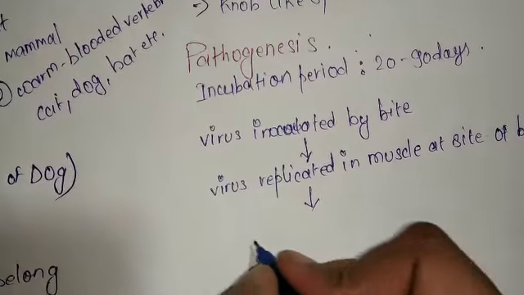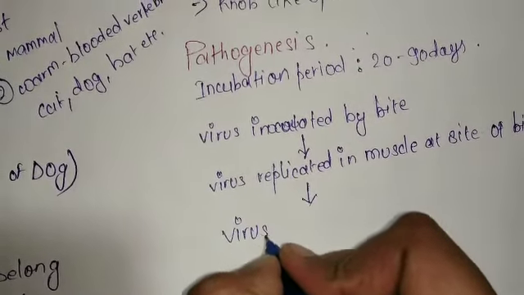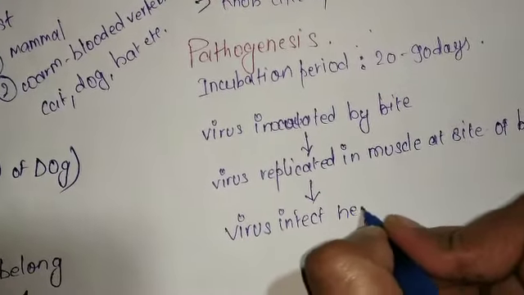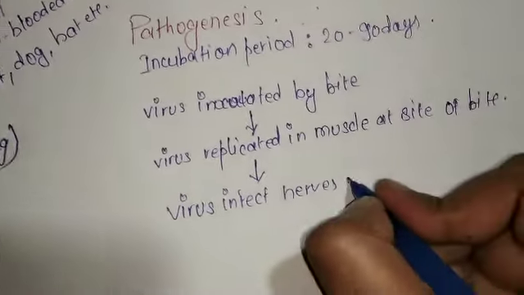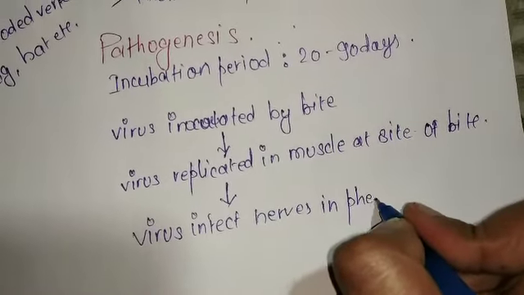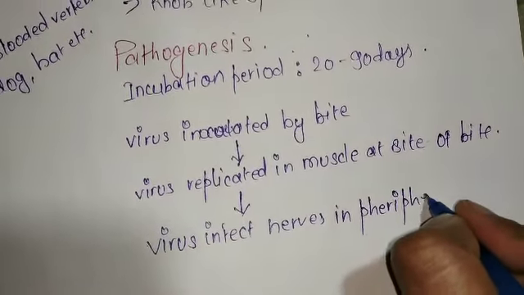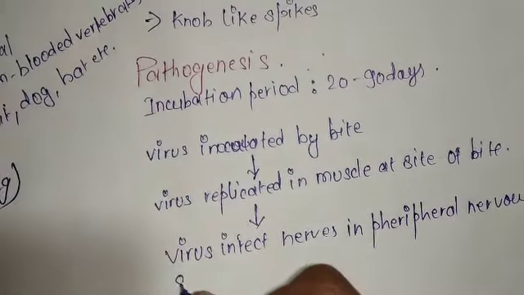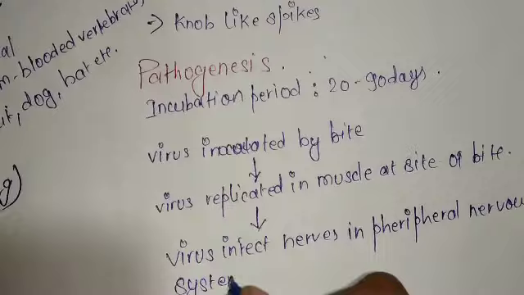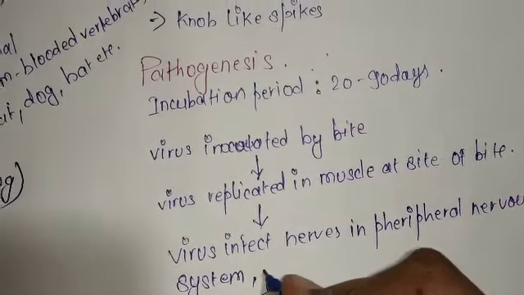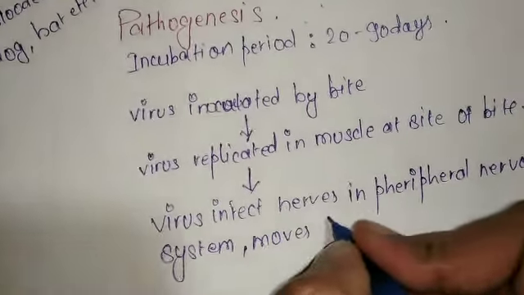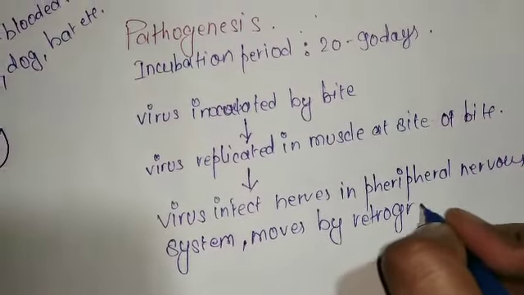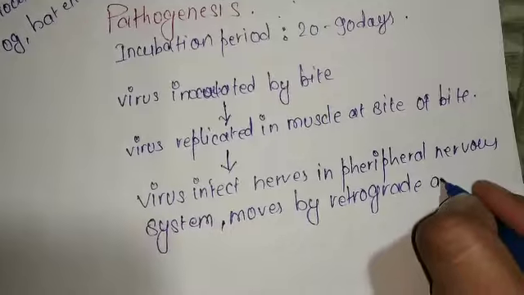After this, the virus infects nerves in the peripheral nervous system, which moves by retrograde axonal transport.